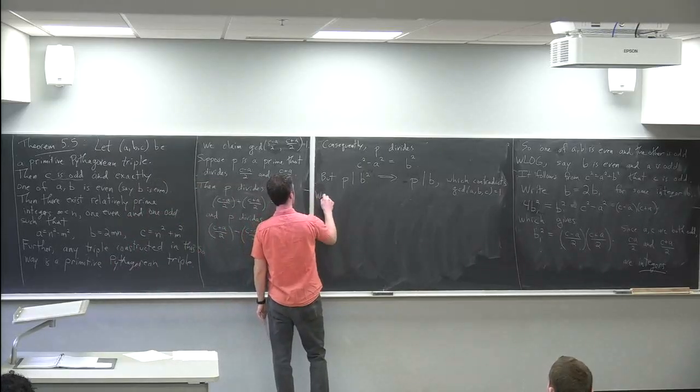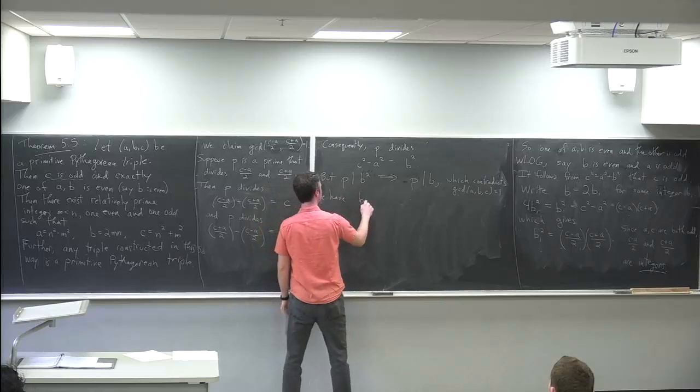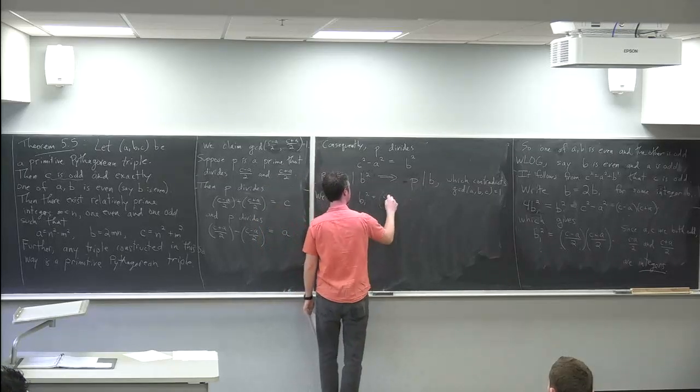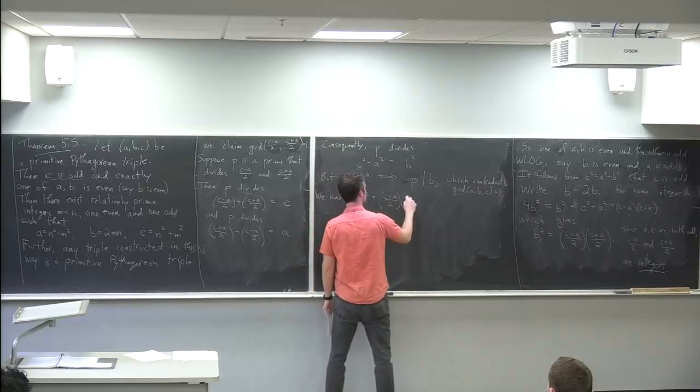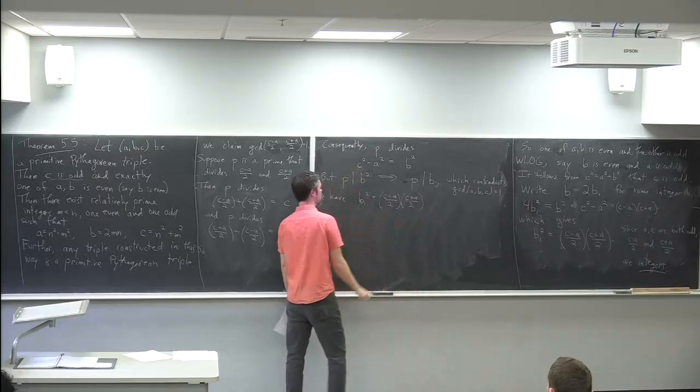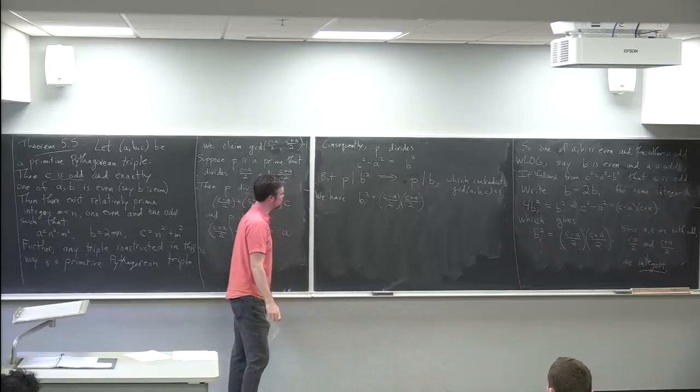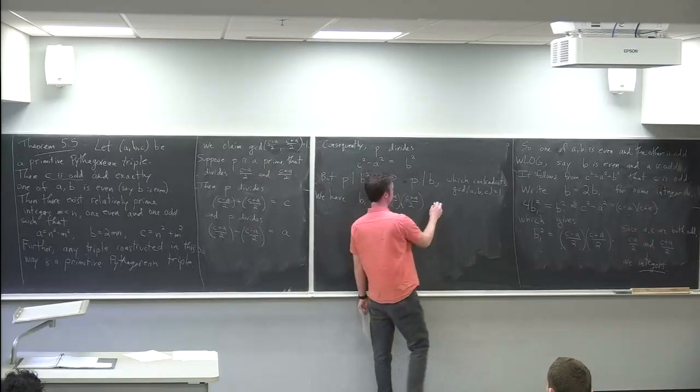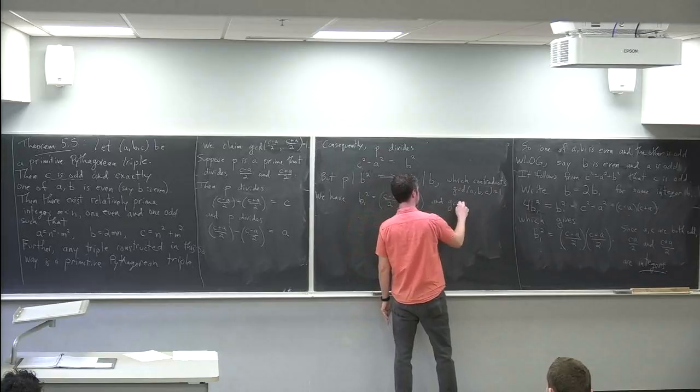So we have b1 squared, that equation from over there. I'm going to write it down. We have this integer square is this product of two things, and these two things are relatively prime.